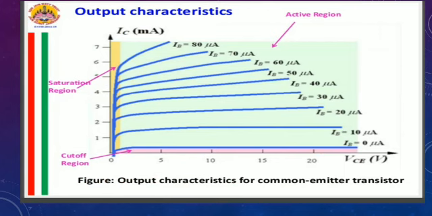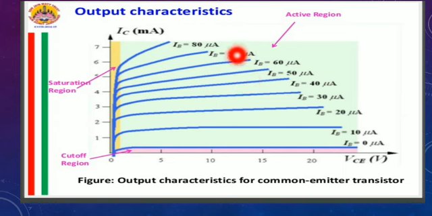See, this is a clear picture for understanding. Listen, I said no, active region, saturation region, cutoff region. Now below zero microampere current, this is the cutoff region. That means there is no current. See, this is the cutoff region, and this is nothing but the saturation region. That time the collector current is not linear, right?